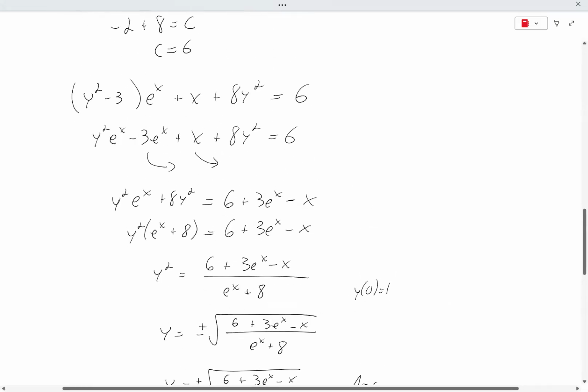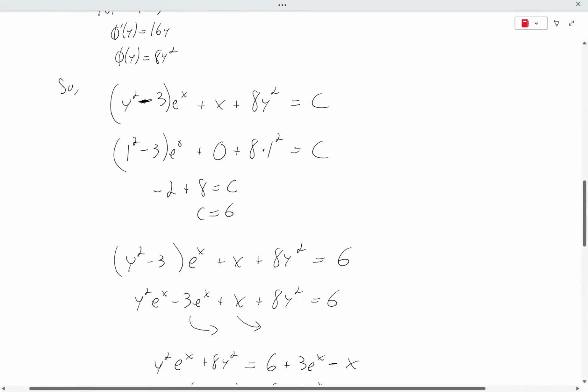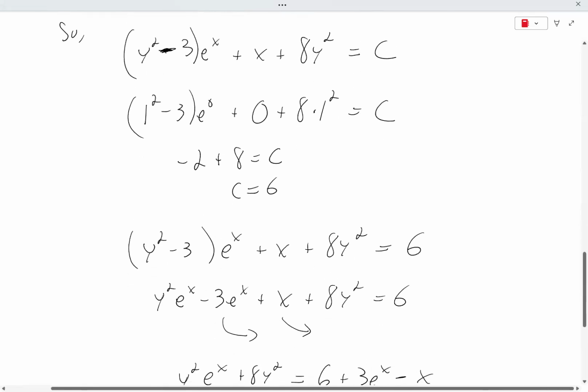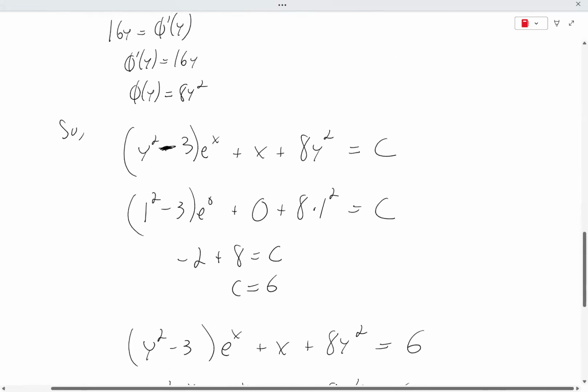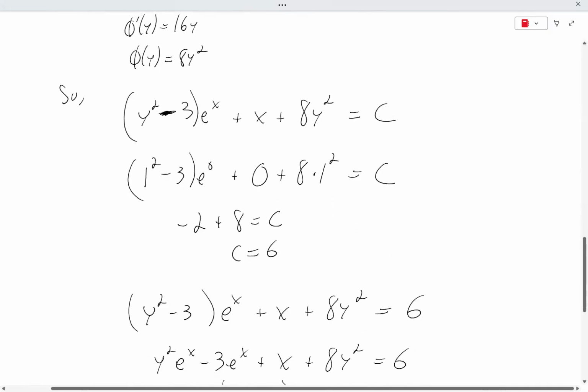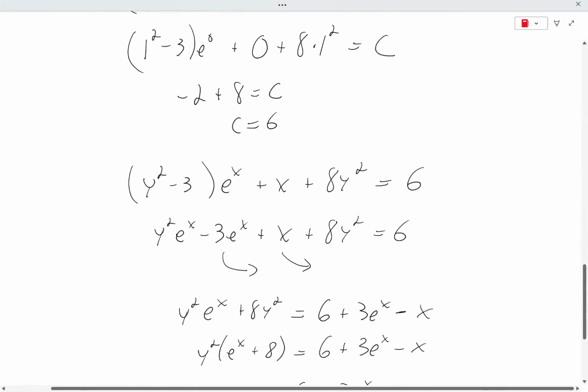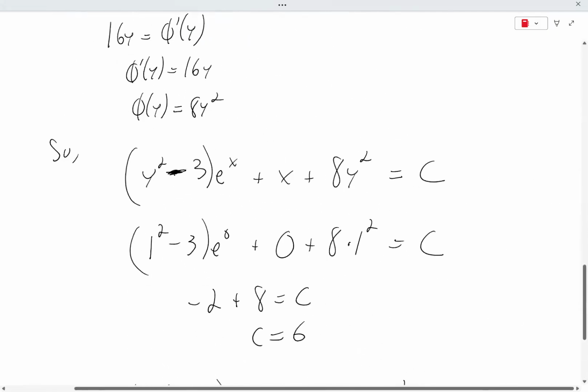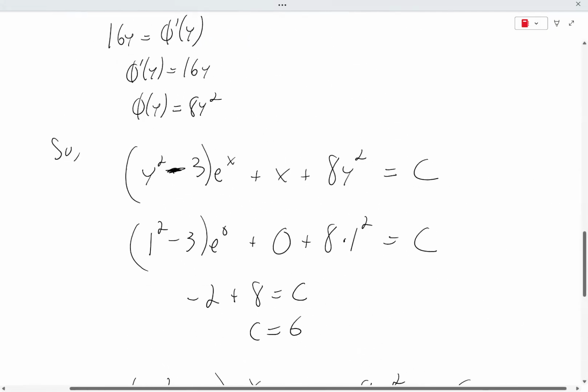Okay, so anything on that one? Let me back up on this one real quick. There's actually a couple solutions there. When I substituted in here, I had 0, 1. But that could have just been a negative 1 as well.